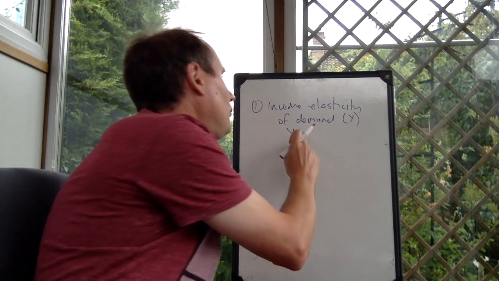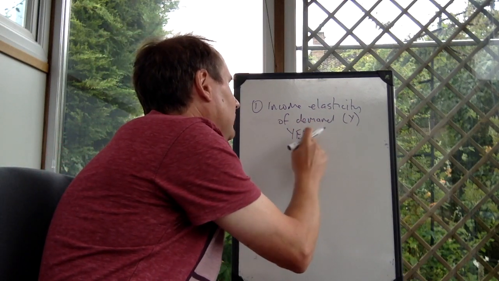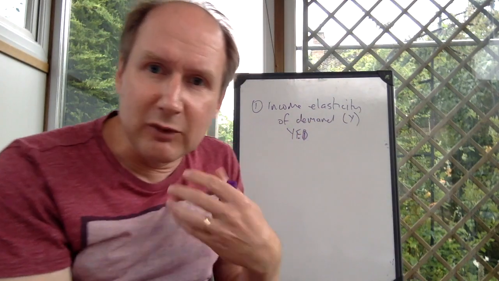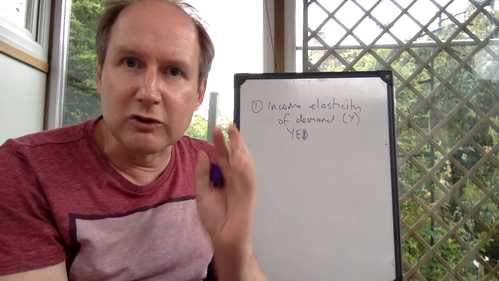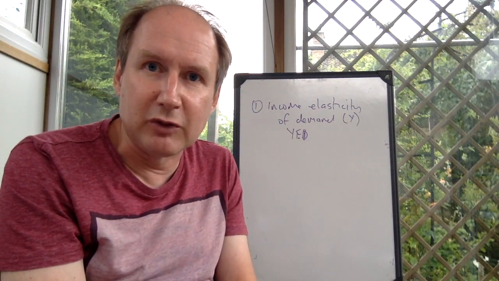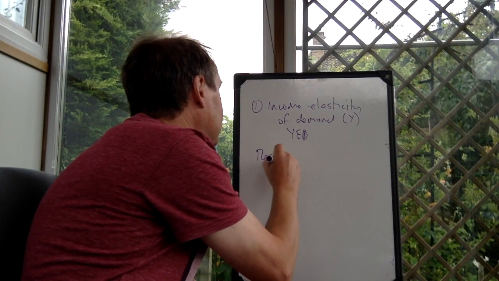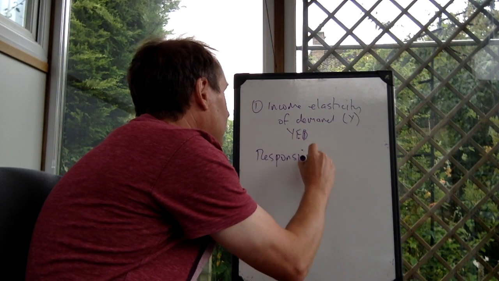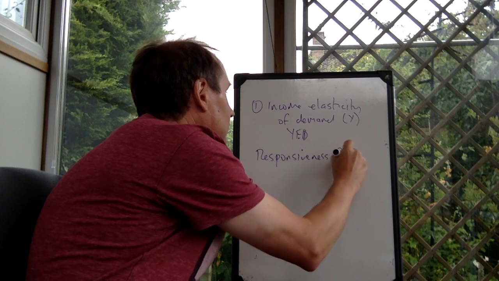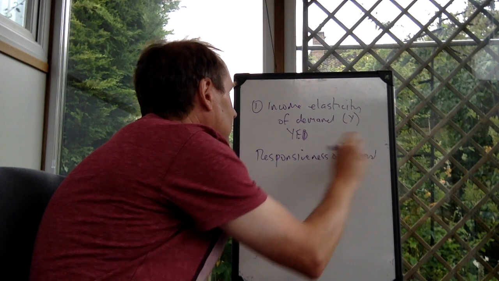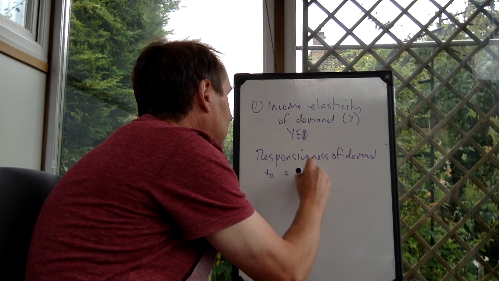So what is it that income elasticity shows? Well, we said that price elasticity of demand shows the responsiveness of demand to a change in price. So income elasticity of demand shows the responsiveness of demand, so how much demand changes, to a change in income.